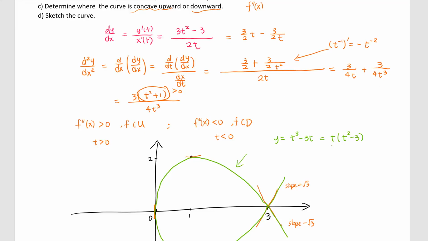When t is positive but less than square root of 3, this guy is actually negative. So this is when t is between 0 and square root of 3, so then it's negative. That corresponds to this piece. Okay, let me see. Let's see here.